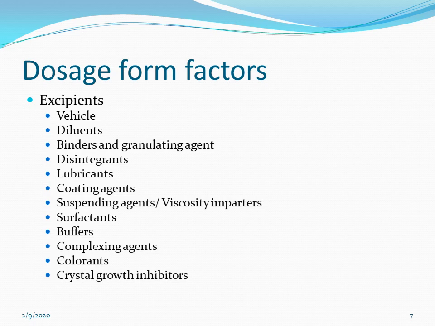Next excipient, that is suspending agents and viscosity imparters or viscosity modifiers. Suspending agents are used to stabilize the suspensions. They prevent the settling of the particles and increase the viscosity of the suspensions.